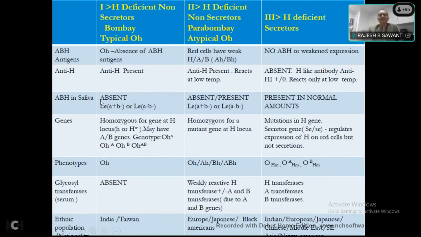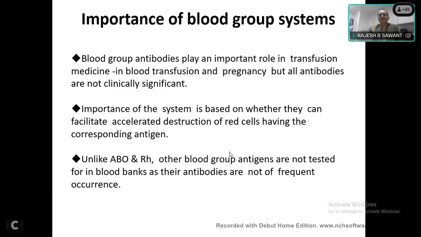So this is basically the difference in their anti-H levels and what they are secreting in their saliva, etc. I'll not go into the details, but this is just for you to know that apart from the Bombay phenotype, there is a non-secretor para-Bombay phenotype also and an H deficient secretor also.